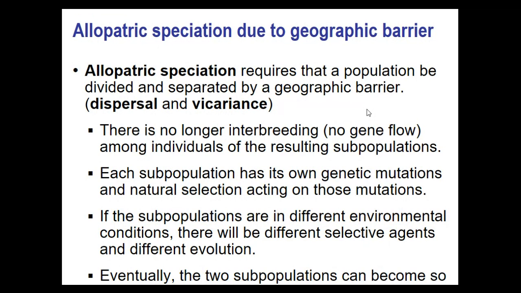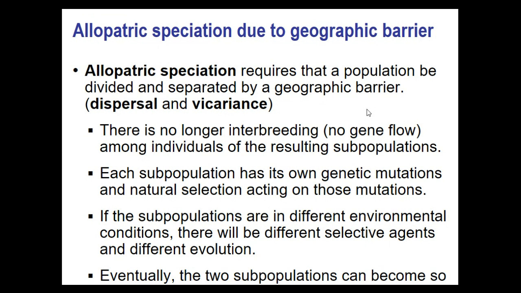A brand new river forms there. And now this population is divided into two populations. These mice can't swim, can't cross the river, so now these are two separate populations. There's no interbreeding between these individuals and these anymore, and so they might evolve differently.